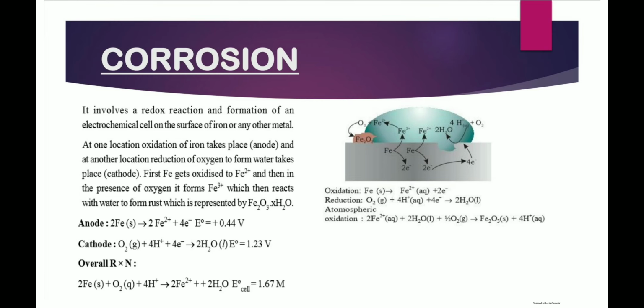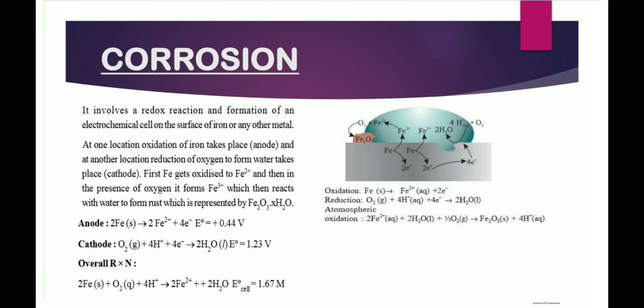The reaction occurring at the anode is 2Fe(s) gives 2Fe²⁺ + 4e⁻ and the oxidation potential is 0.44 volt. At the cathode, the H⁺ ions are involved in the reduction of O2 and the reaction is O2 + 4H⁺ + 4e⁻ gives 2H2O and the electrode potential is 1.23 volt.